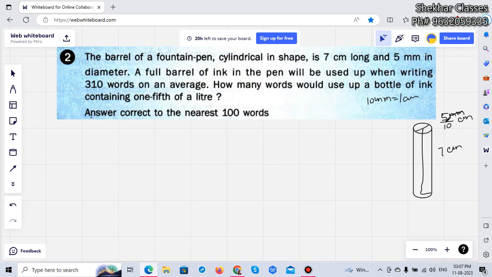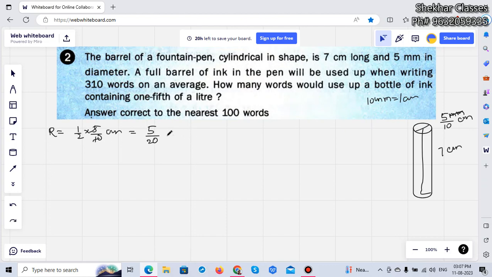But again, this is not the radius. Radius is half of that. So now the radius here will be half of 5 upon 10 centimeter. So that is equal to 5 by 20. Or we can say, if it is cancelled here, 5 by 10 is 2 times.